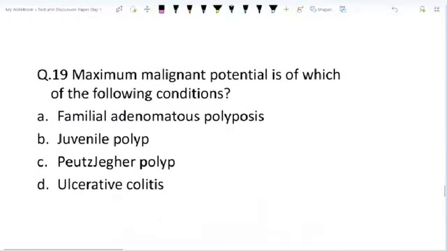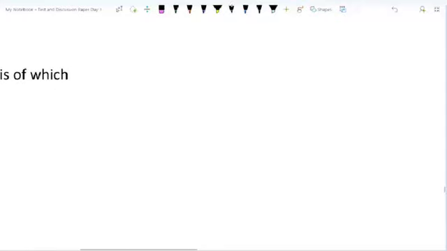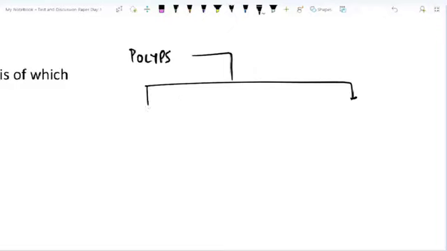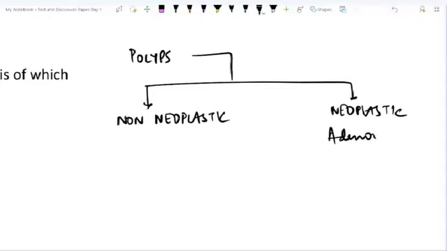Maximum malignant potential is of which of the following conditions? What they're trying to ask you here is, do you know that polyps are divided into two types, non-neoplastic and neoplastic. Under neoplastic, these polyps are called adenomatous polyps or adenomas, and this is where your familial adenomatous polyposis comes in.